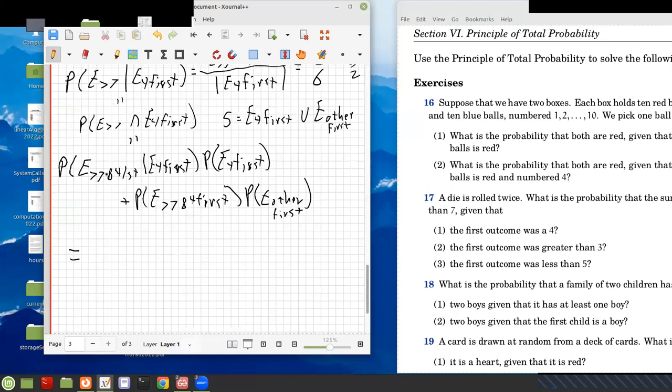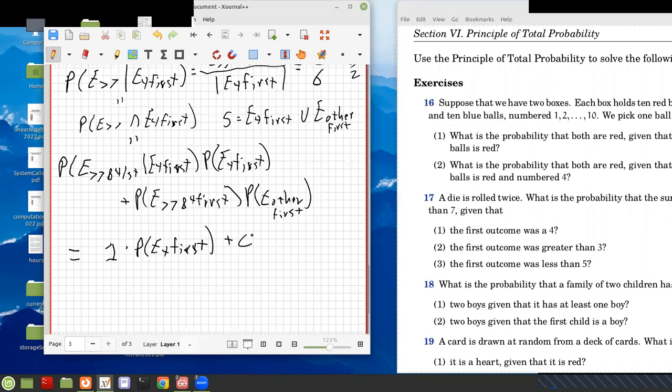The probability of greater than 7 given that the 4 first occurs is going to be 1, because it's always going to be the case that if the 4 first has occurred and it's greater than 7, then the 4 first has occurred, times the probability that you have E 4 first occurred, plus, what's the probability that you have E greater than 7 with 4 first and the other occurred?